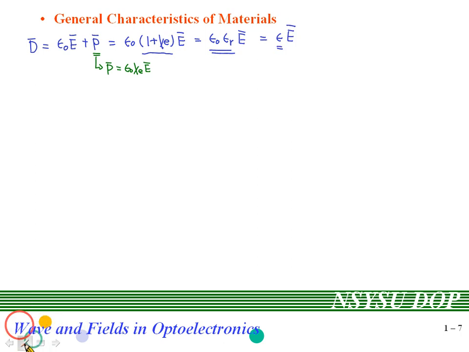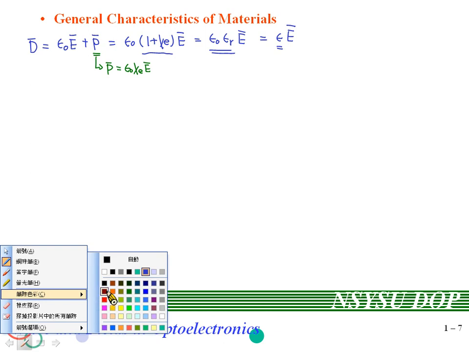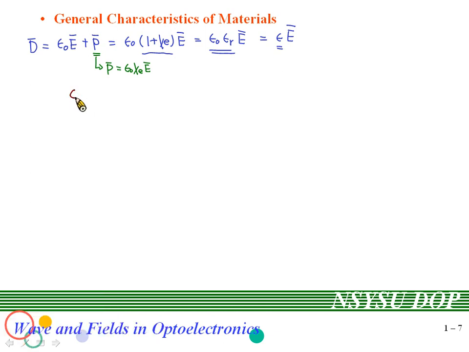So in this expression, epsilon means the permittivity of this material. And epsilon R is the ratio between epsilon and epsilon 0. So epsilon R is defined as epsilon over epsilon 0.